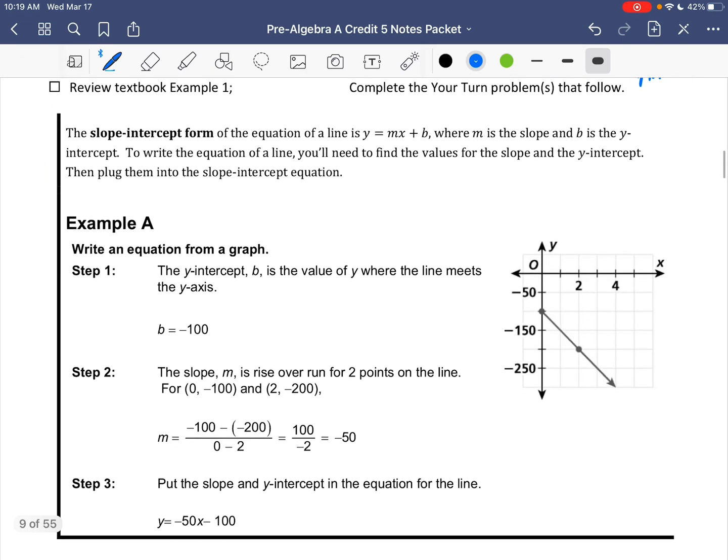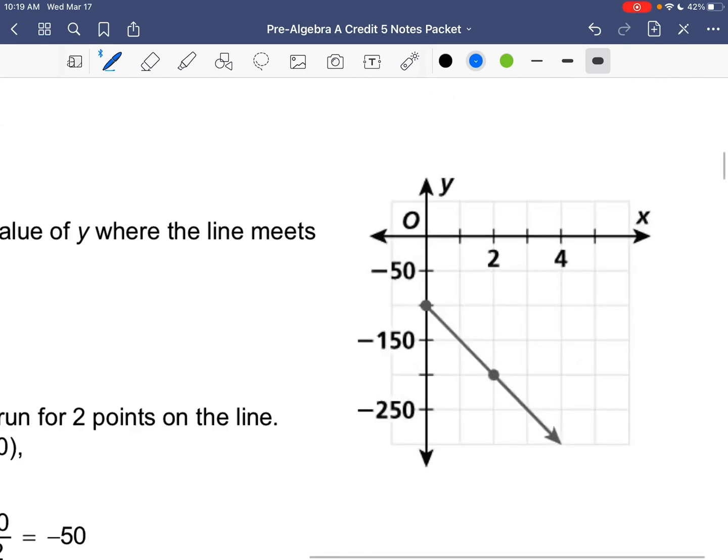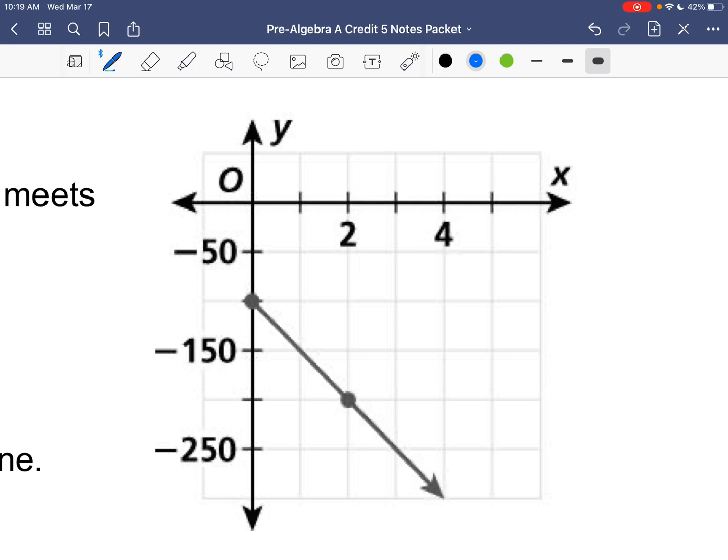So in this example, we have a graph. Let me zoom into this so you guys could see it. This gray line is the graph that we're looking at. And the first step that we're going to do is find where the y-intercept is located. And that is the point on the y-axis.